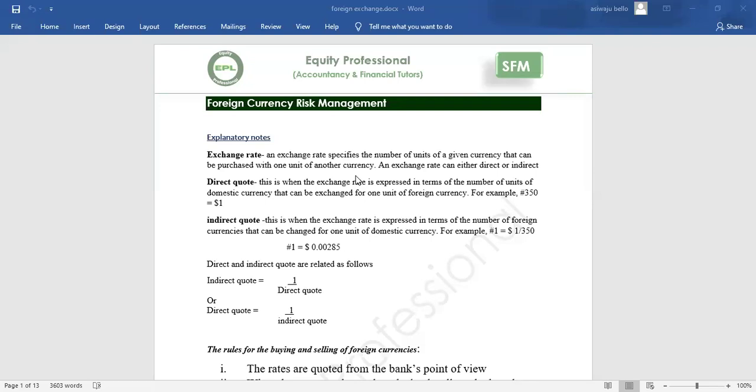How do we manage risk, particularly risk from foreign currency fluctuations? This material is available for us.